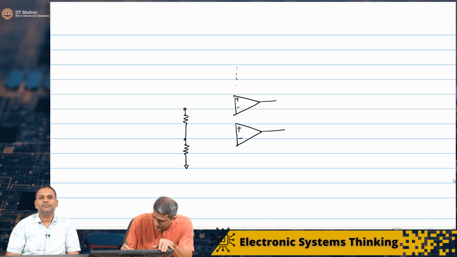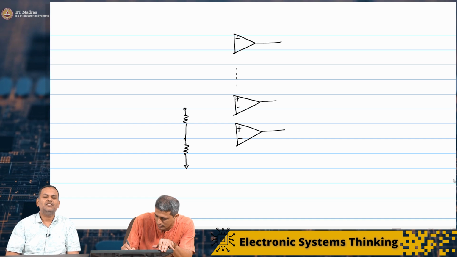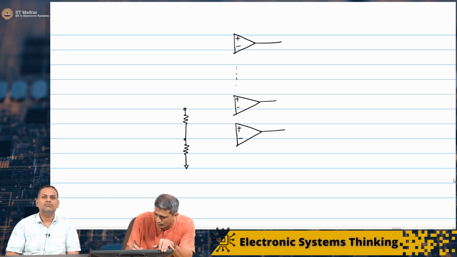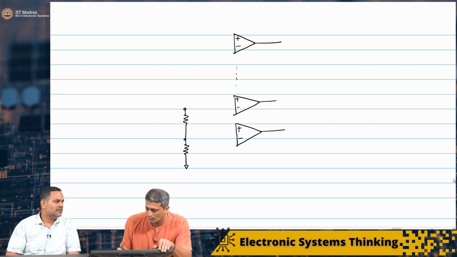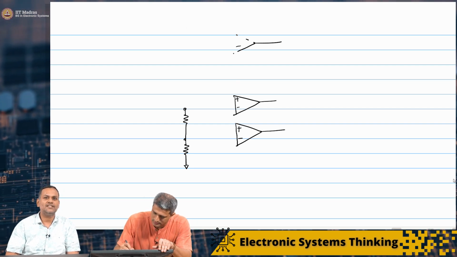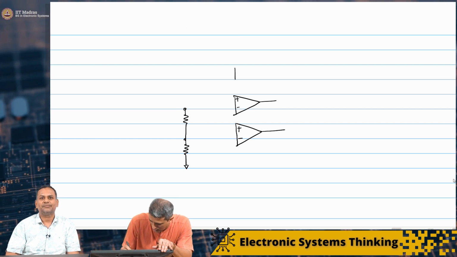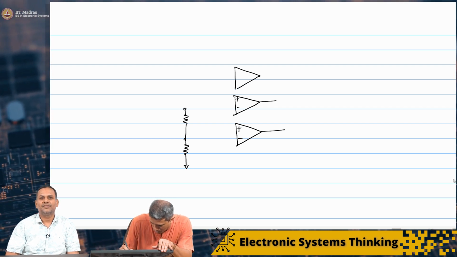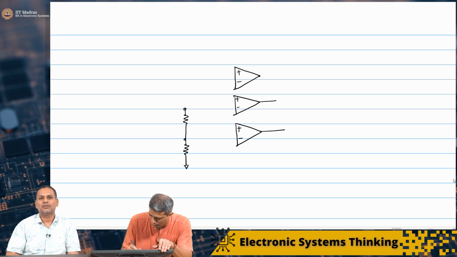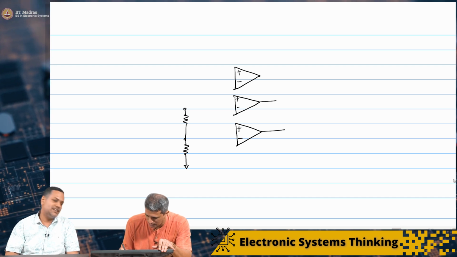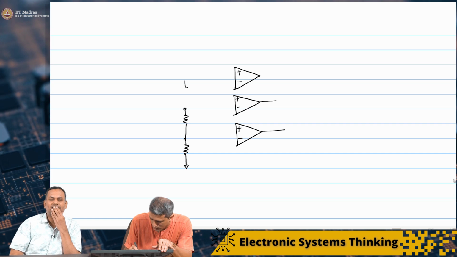You said N minus 1 comparators, so maybe we'll just do it with 3 levels, that's the easiest to show. So 4 levels and 3 comparators, therefore 4 resistors, 3 levels, 3 comparators.